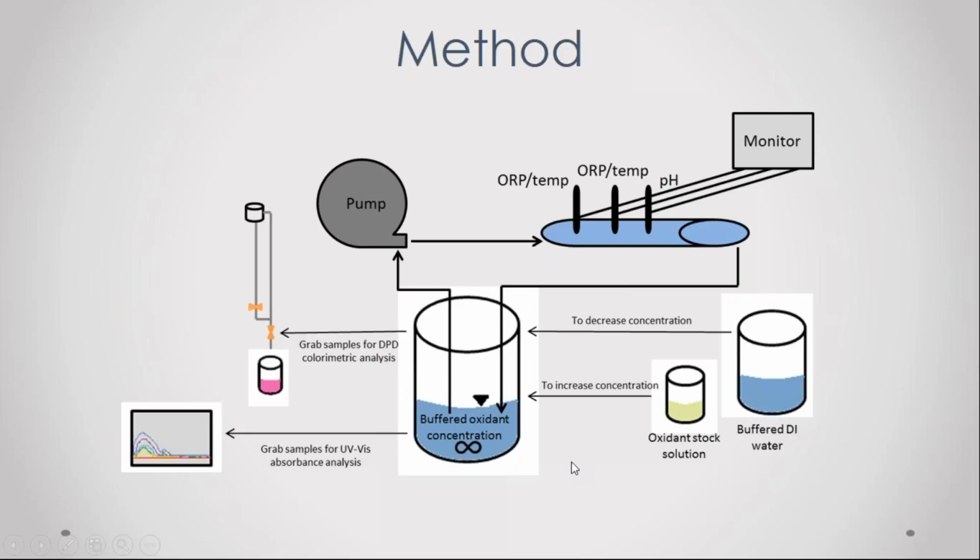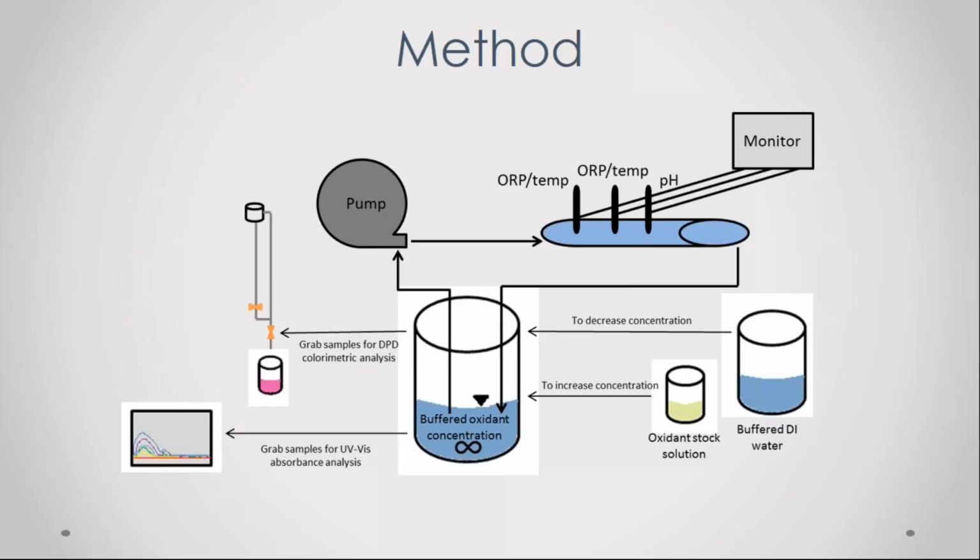Every couple of minutes we would add more oxidant solution. In this case it was sodium hypochlorite because we were measuring free chlorine. So we would add the oxidant solution in here, pump it through, and then once we reached the ultimate chlorine concentration, we would dilute it with buffered water and bring the concentration back down.